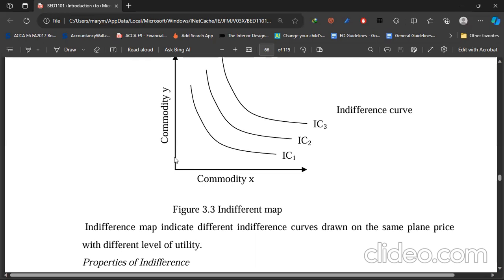And if they could cross, it would create a large amount of ambiguity as to what the true utility is. These curves will never cross, right? And when you look at another property, which I just want to give in summarized form, we are talking about the difference curve.